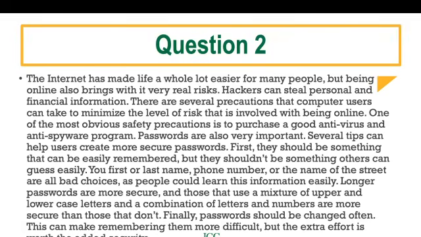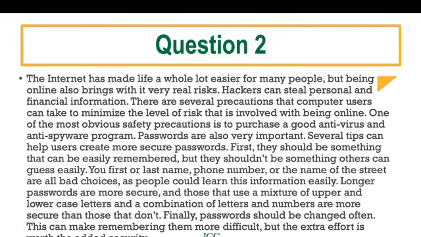Remember, our main purpose is looking at the entire paragraph. So we can see they give us an example: hackers can steal personal and financial information. And then in our third sentence, they start leading us to our main purpose: there are several precautions that computer users can take to minimize the level of risk that is involved with being online.